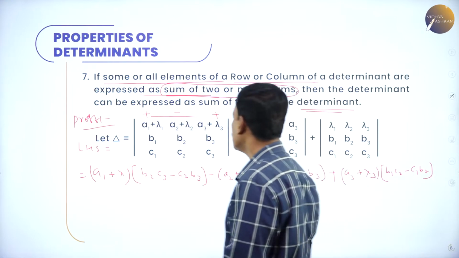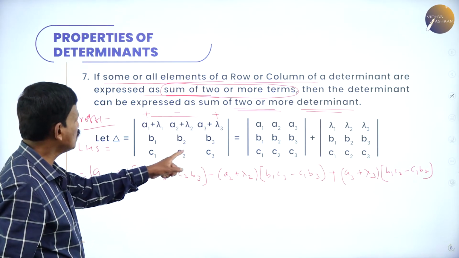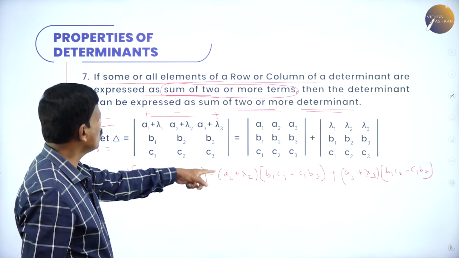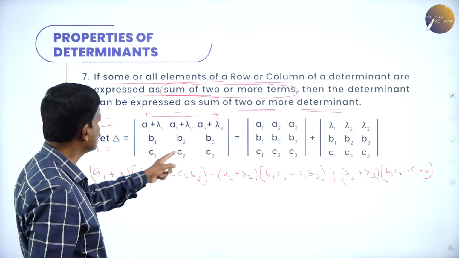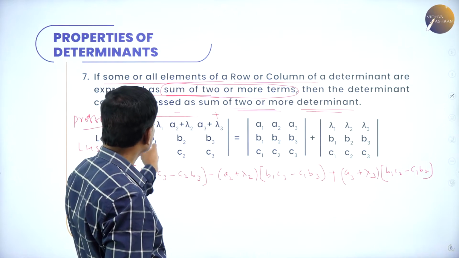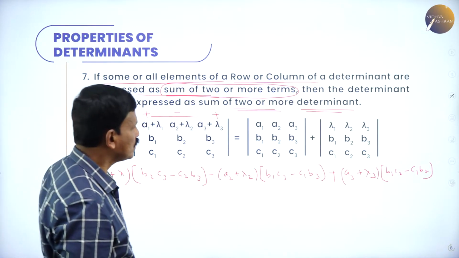Okay, listen, that is here a1 plus lambda 1, delete the row and column containing it, b2 c3 minus c2 b3, minus a2 plus lambda 2 into, this is gone, b1 c3 minus c1 b3, plus a3 plus lambda 3 into, this is gone, b1 c2 minus c1 b2.